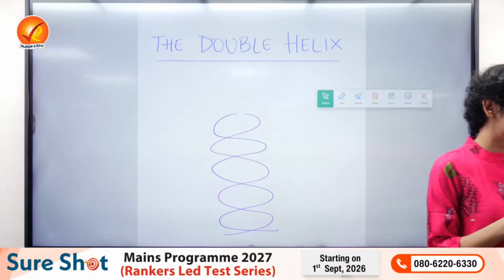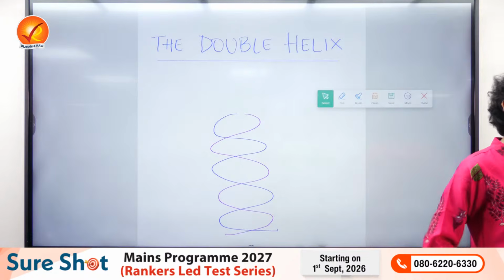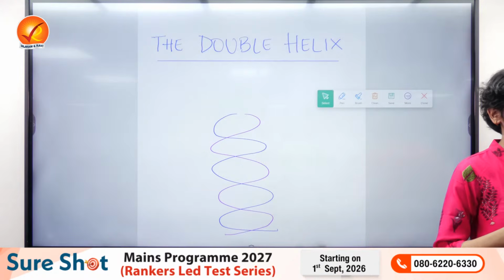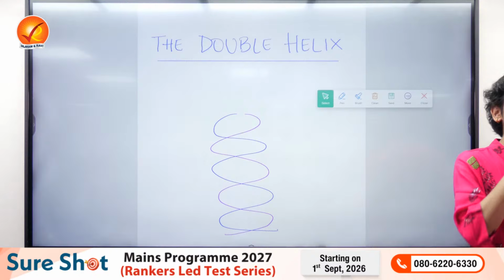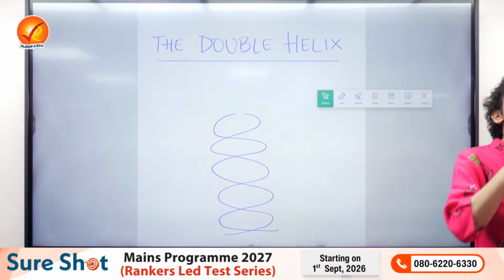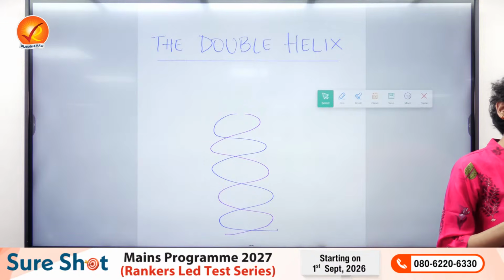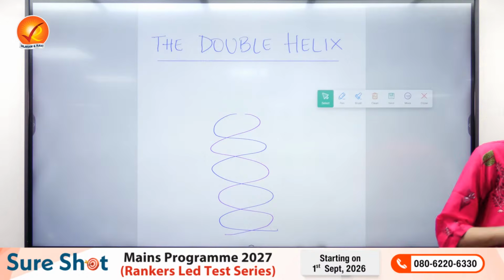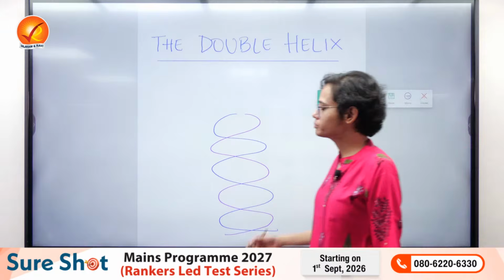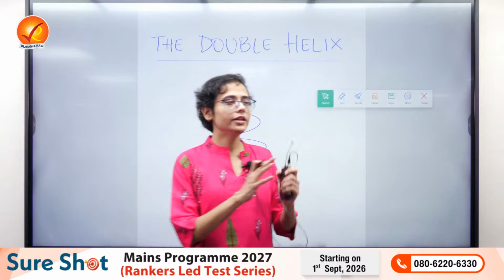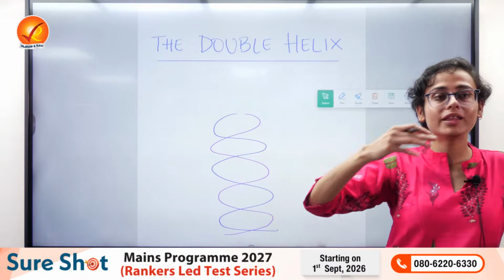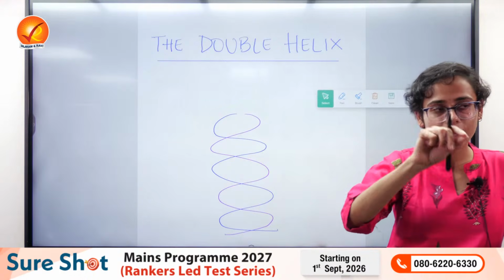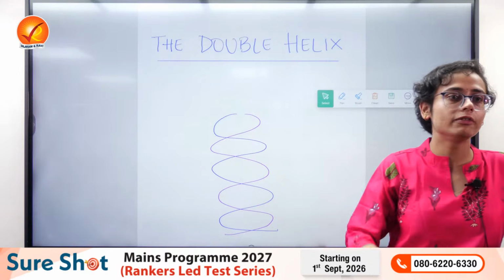DNA is the core of the body or the cell. So anything that we want, two things that we think might be different, but they go together in achieving that.